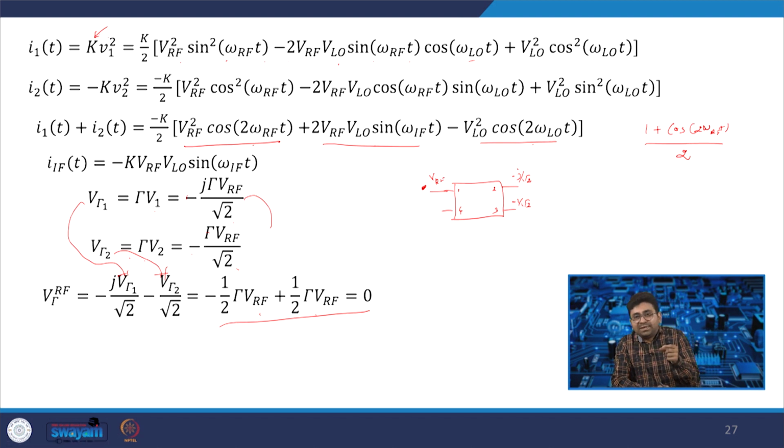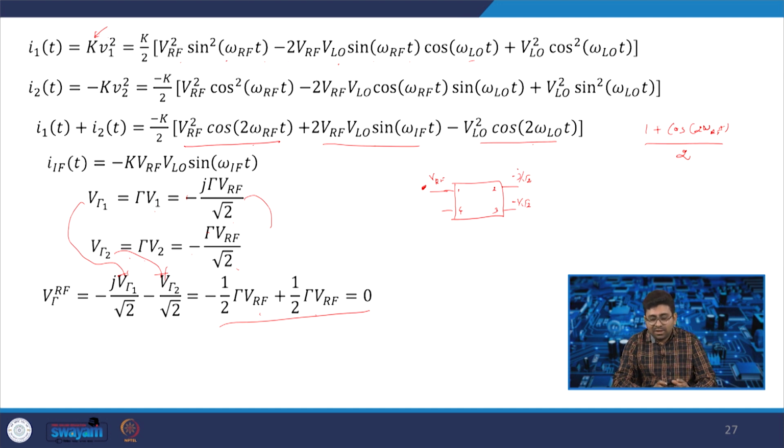So, what it says is that for all the frequencies at which your coupler gives this behavior, that is a 90-degree hybrid coupler, and if it satisfies this S parameter, we can have a return loss at the RF port equal to 0, meaning there is no reflection.